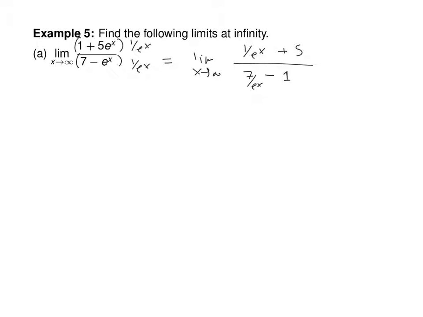Okay. So where do the 1 over e to the x and the 7 over e to the x go as x gets large? 0. So this goes to 0 plus 5 over 0 minus 1, or negative 5.